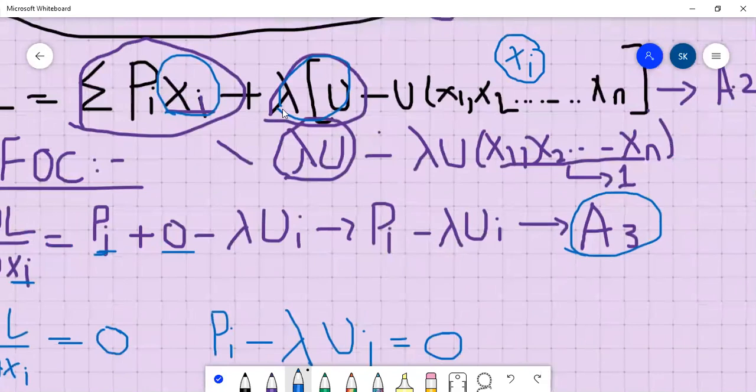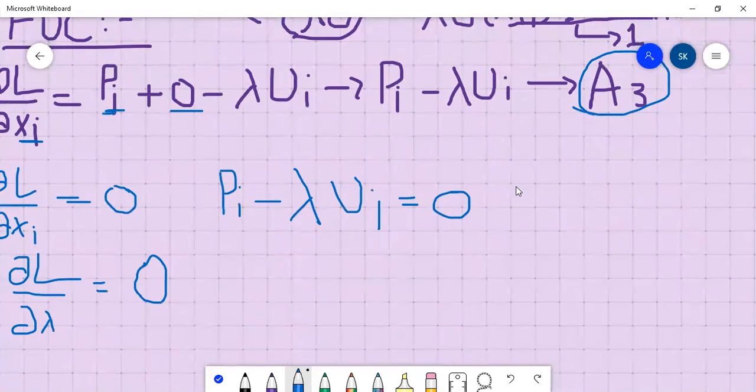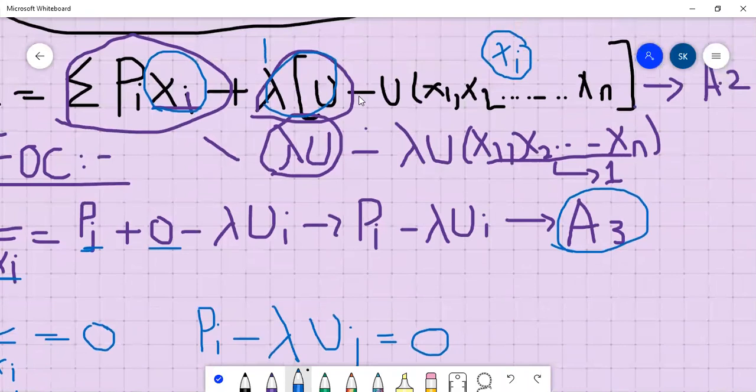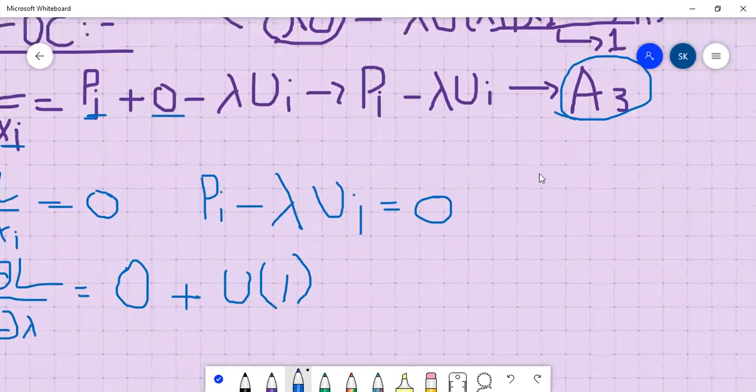And when we take the derivative of lambda u, we are taking it with reference to lambda. Therefore, what will be left over here is this lambda will become equal to 1 and u will be multiplied with 1. Therefore, the next one will be plus u only. That is, in place of lambda, the derivative has become equal to 1. Then we have a negative sign over here. This negative sign will come at its own place, okay?